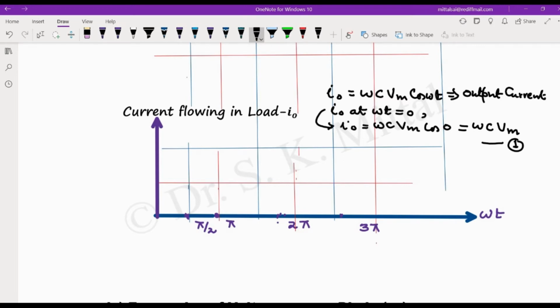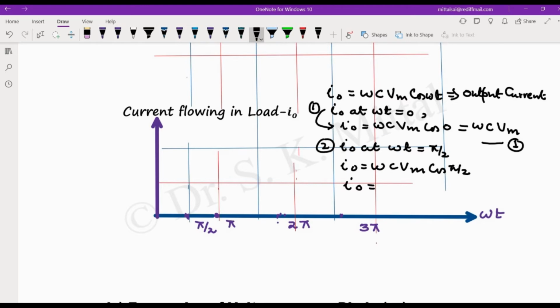Now the next value of current we will calculate at omega t is equal to pi by 2. If we calculate the value of current at omega t is equal to pi by 2, then I0 is equal to omega c Vm cos pi by 2, and cos pi by 2 is equal to 0.